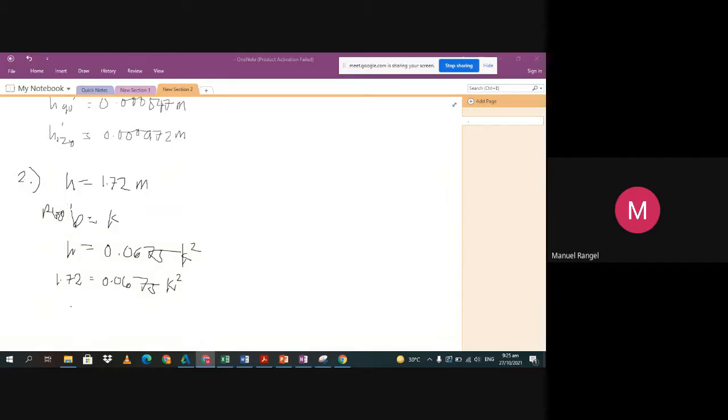Then substituting for K, that is the square root of 1.72 divided by 0.0675.